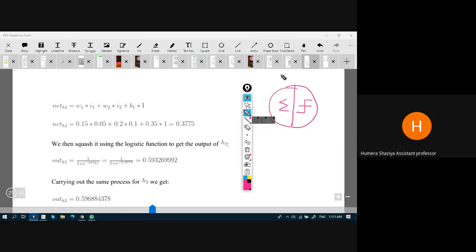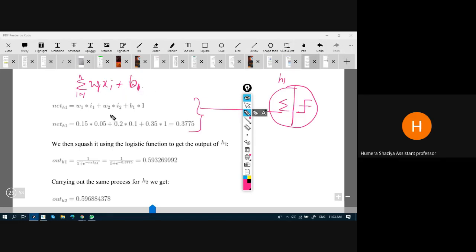So for H1, this summation is obtained through this process. How do you obtain summation? Sum from i equals 1 through n of wi xi plus w naught, or b1.